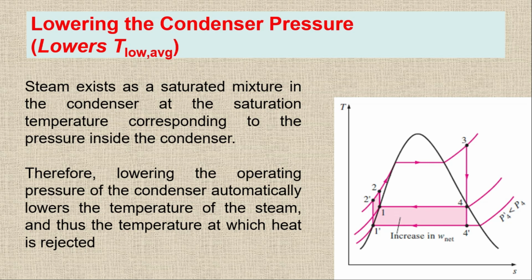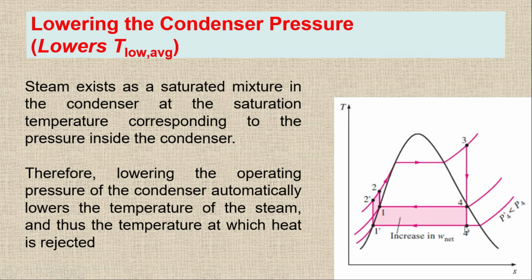So you can see here, if I'm going to decrease the pressure, the 4 dash is somewhere in the vapor liquid mixture. Here we have the higher quality, very close to the saturated vapor line, but here we will get the lower quality of the steam at the outlet of the turbine.